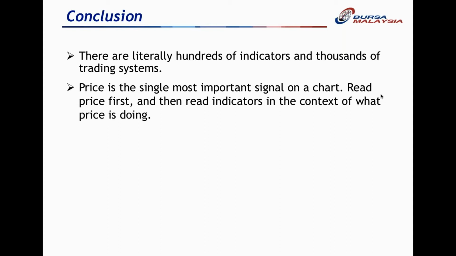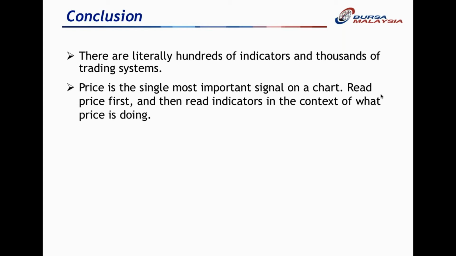I will draw support and resistance, and then I'll see if a candlestick pattern appears in an important zone. Let's say I see a hammer with a very long shadow at the bottom of the trend, and it falls exactly on my previous support level. It means that it is a very reliable bullish reversal pattern.